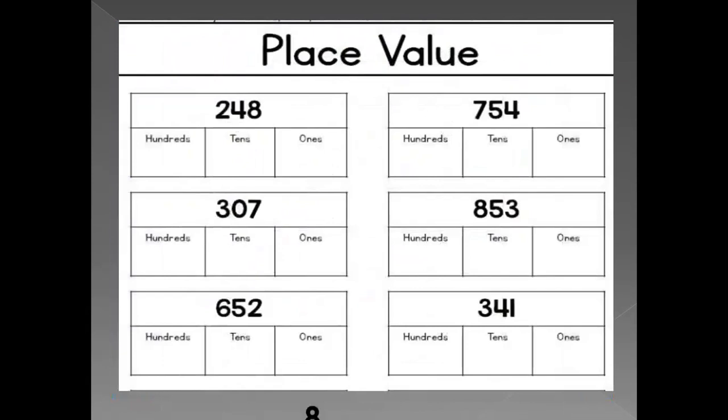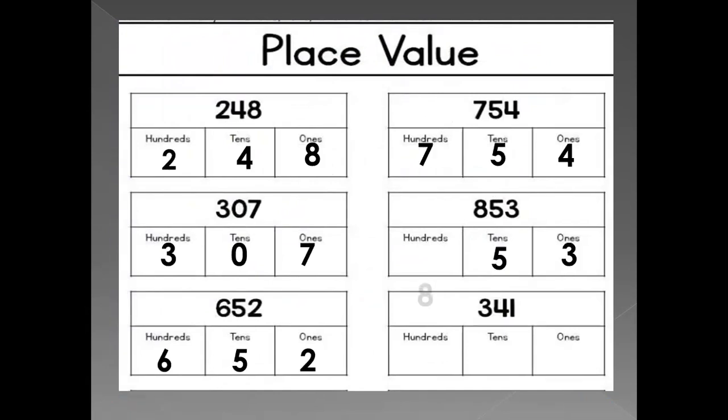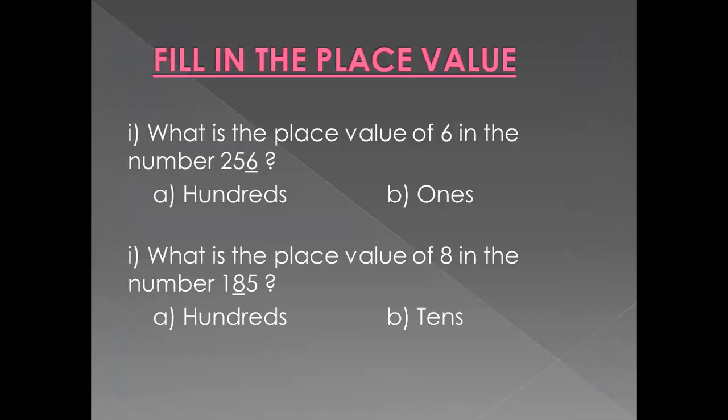Then we did the place value for 3-digit numbers. Hundreds, tens and ones. And then the two main questions which you need to understand. Number one, you have to find out the place value for a particular digit. Value means digit.